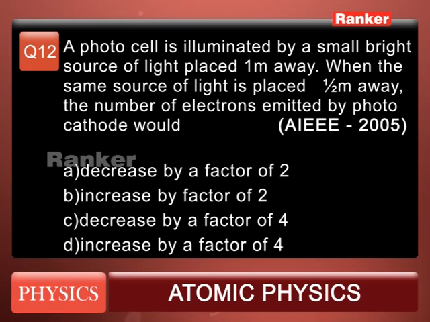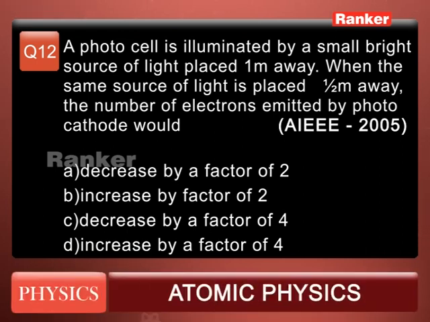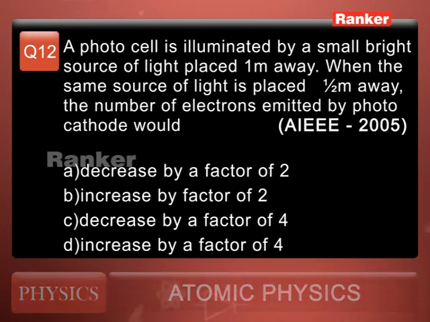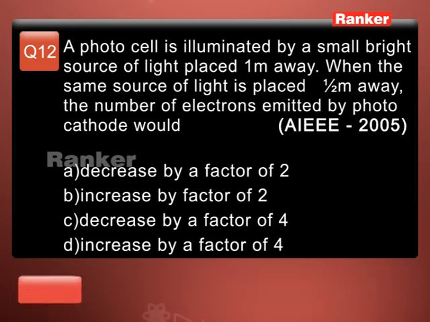He gave 4 options once again. The first option says decrease by a factor of 2. Second option, increase by a factor of 2. Third option, decrease by a factor of 4. And fourth option, increase by a factor of 4.